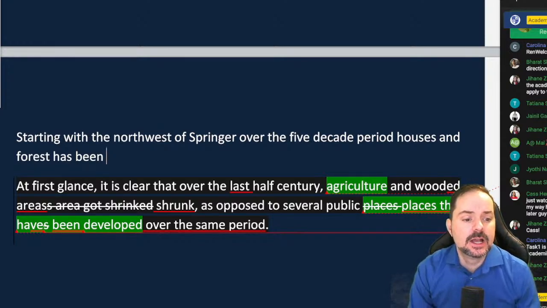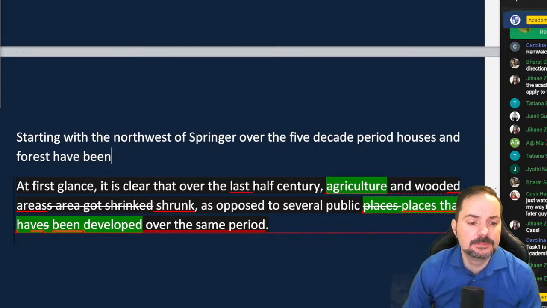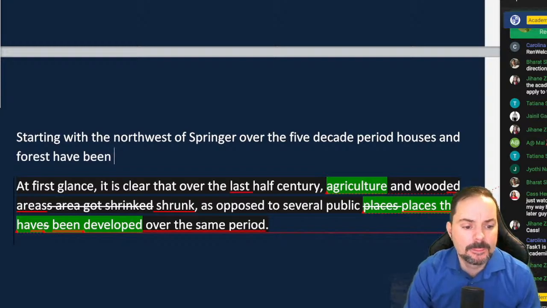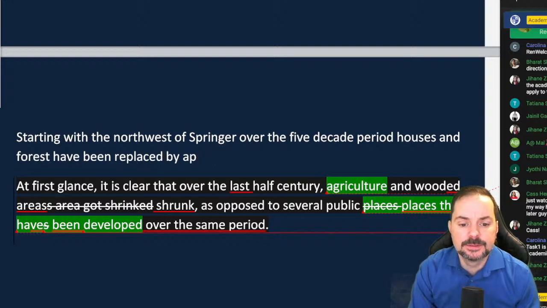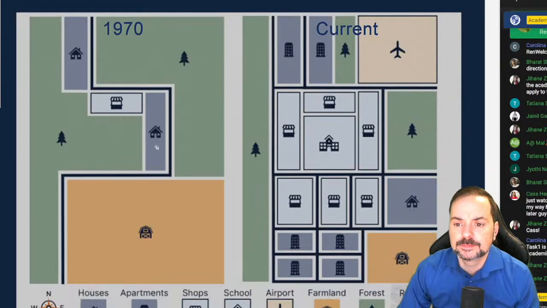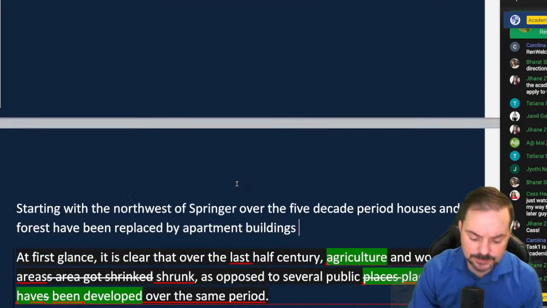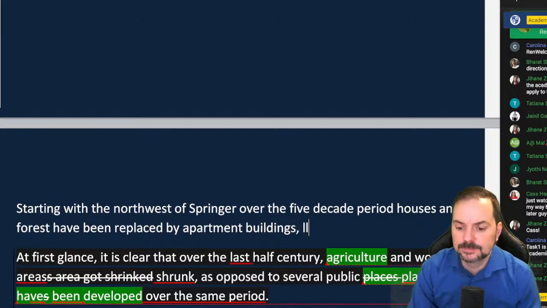So forests have been replaced by apartment buildings. Leaving significantly less green space.